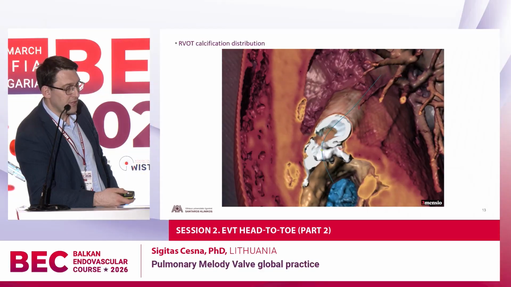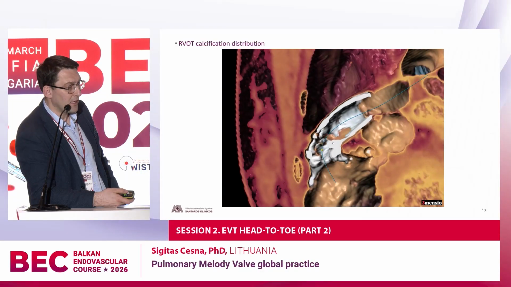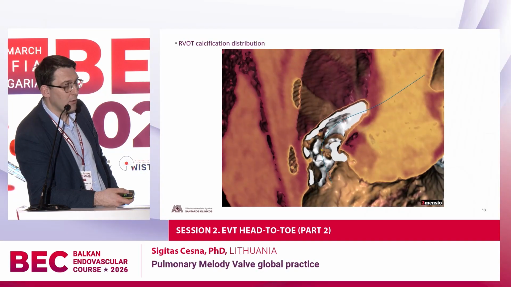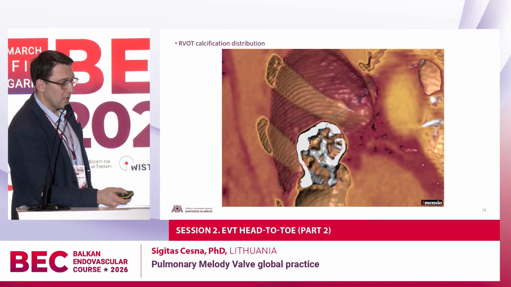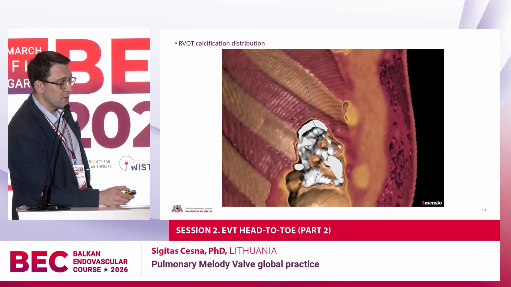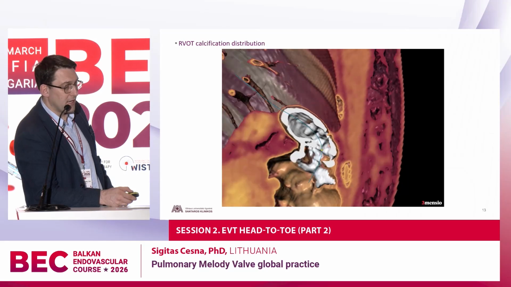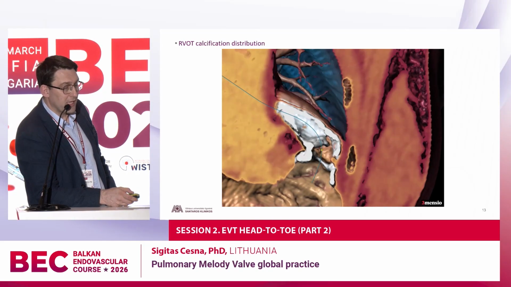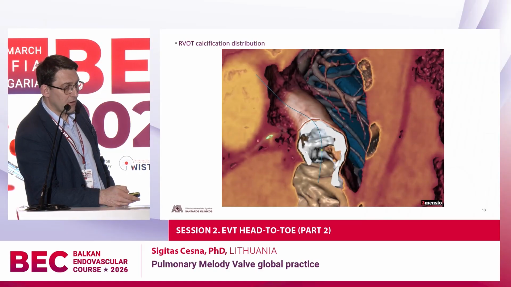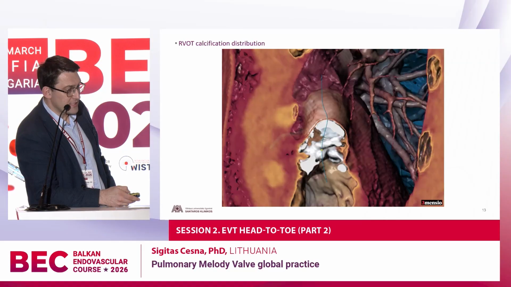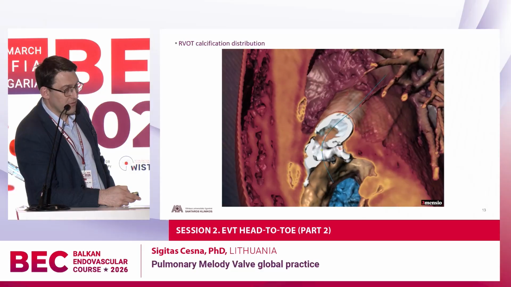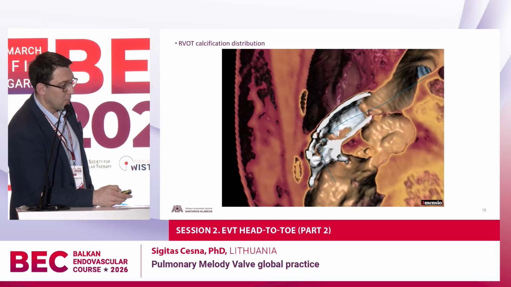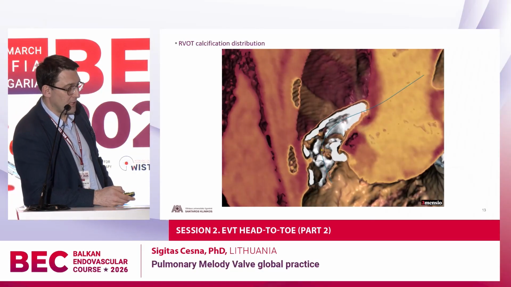This is a different type of calcification of the conduit, and this is calcification along the whole length. At the top part of this calcification, we can see that there are healthy pulmonary arteries, and this is the suture line. So when we plan the procedure, we have to cover all this part with a covered stent, and regarding the covered stents, Professor Petrov will give a lecture after my talk.